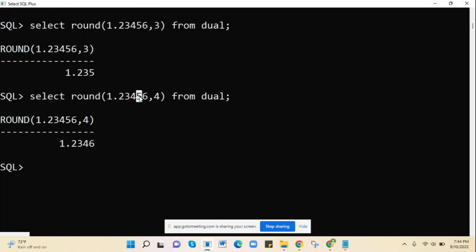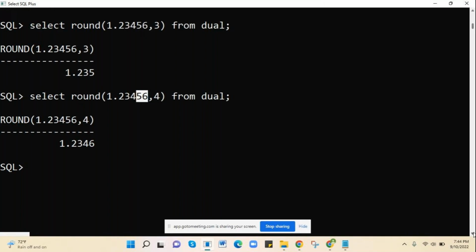So I want to round 5 and 6, that is 56. 56 is between 50 and 60. Which is nearer? 60. So 56 becomes 60.